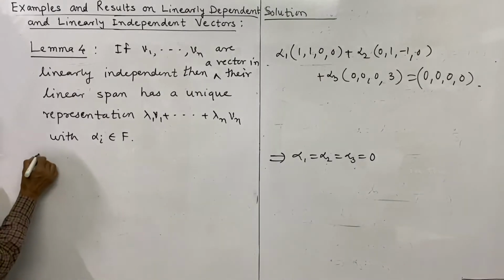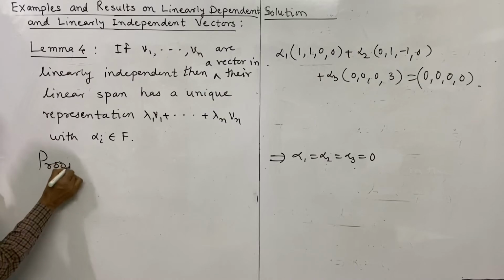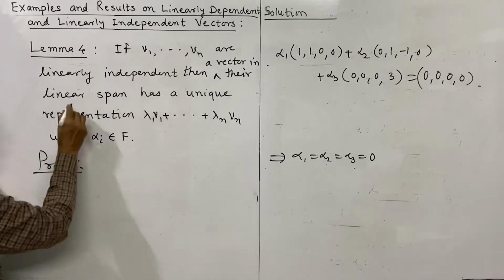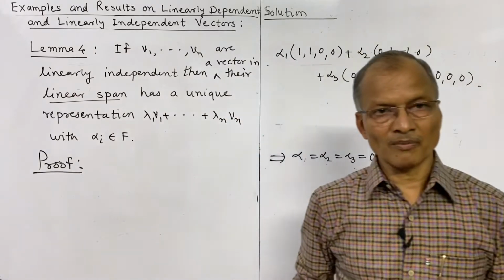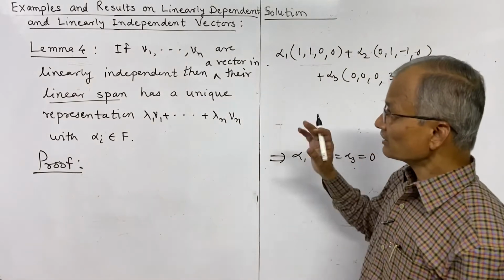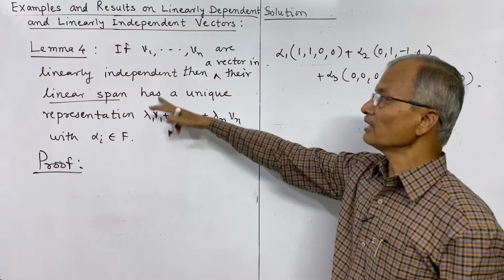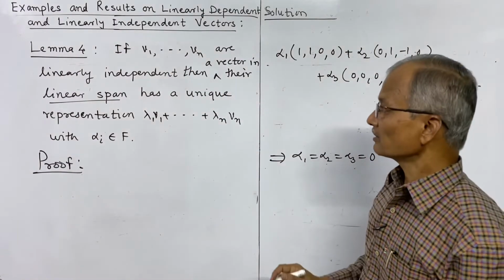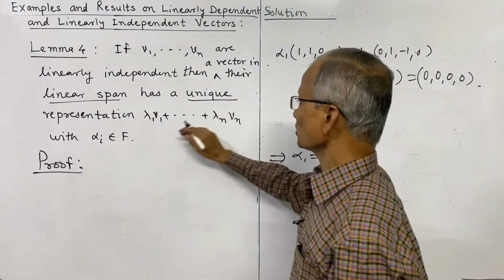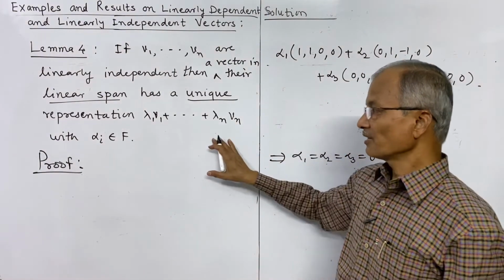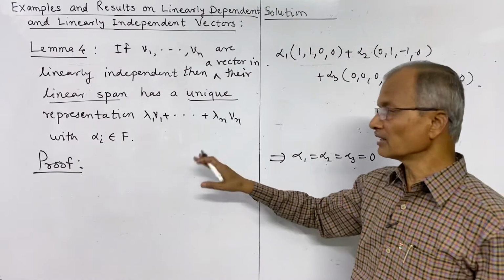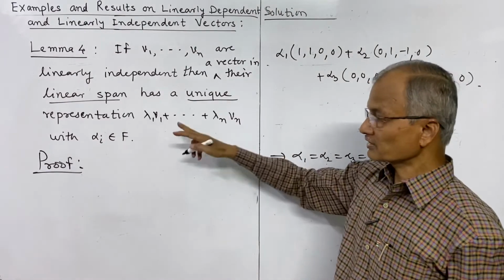Now the proof for the lemma. A linear span means all possible linear combinations will be obtained in the linear span, and a vector in it means again a linear combination. So what the lemma says is that this expression is unique. A vector can be expressed uniquely like this. That means there does not exist any other scalars for the same vector.